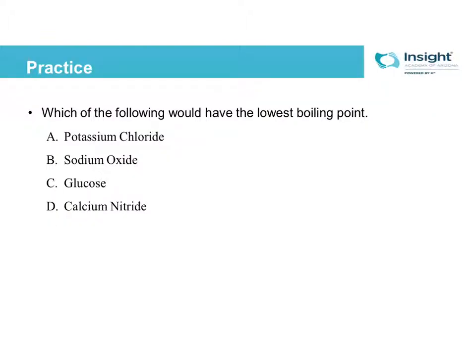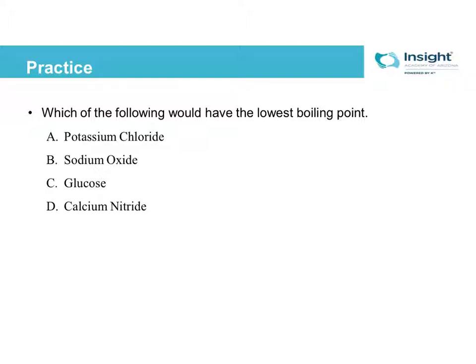So here is a perfect example of the type of question you might get that's going to use your knowledge of these properties. This question says, which of the following would have the lowest boiling point? So we just saw on the last slide that ionic compounds have really high boiling points. So for something to have a low boiling point, we're probably looking for something that's not ionic.